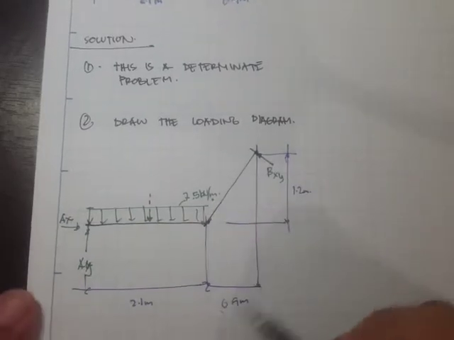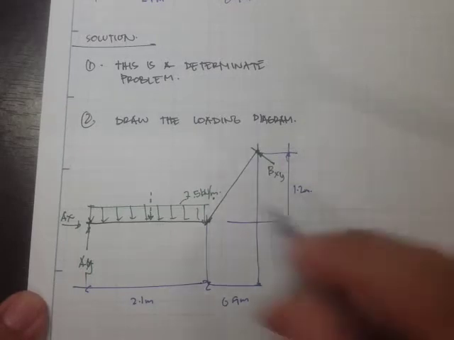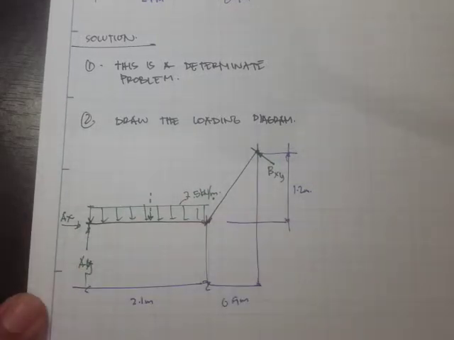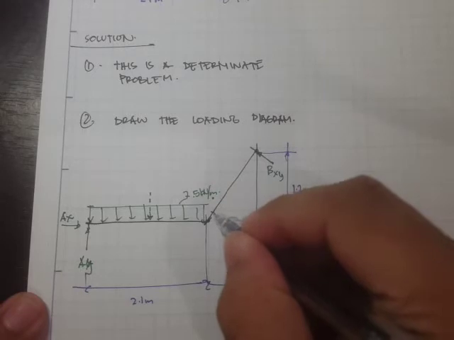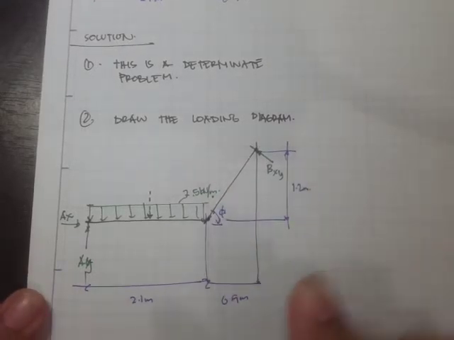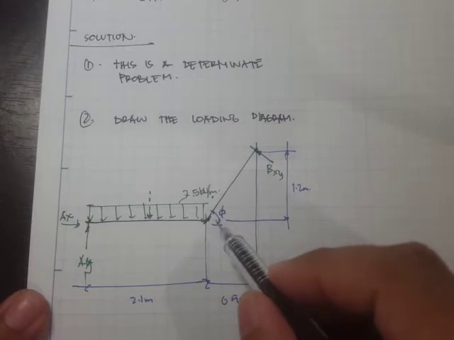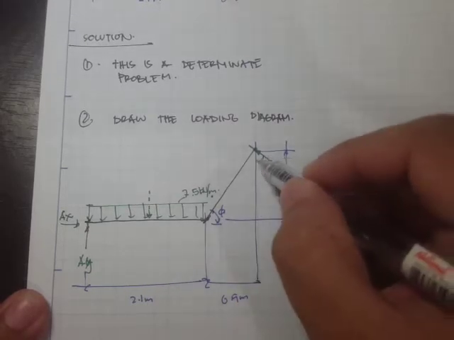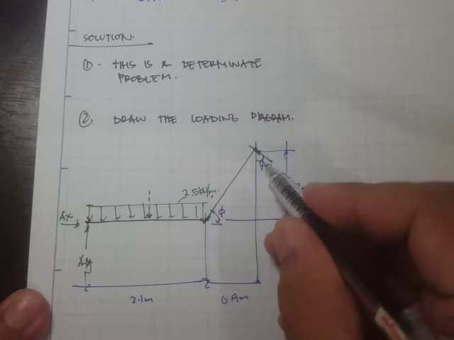Since we have the distances 0.9 and 1.2, I can actually find the angle right here. If this is the angle, then basically this angle is the same as that angle.